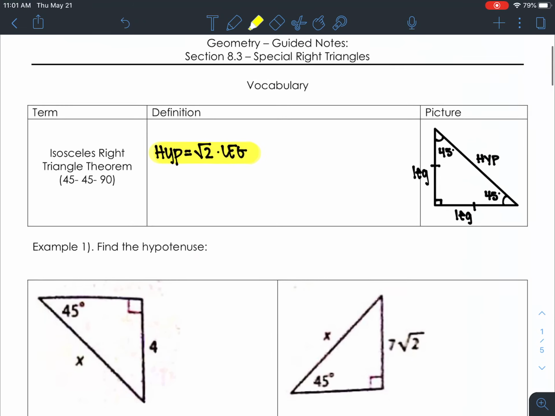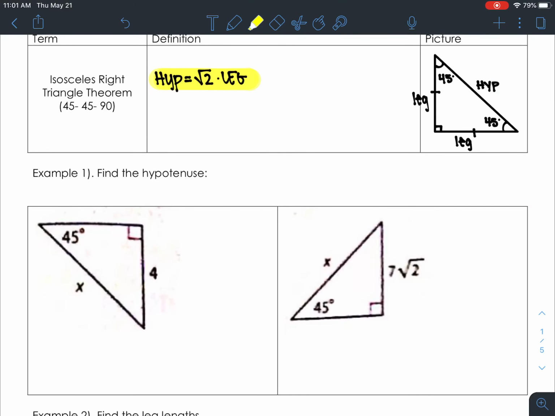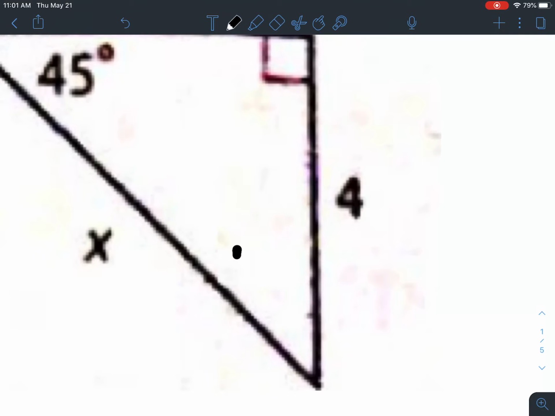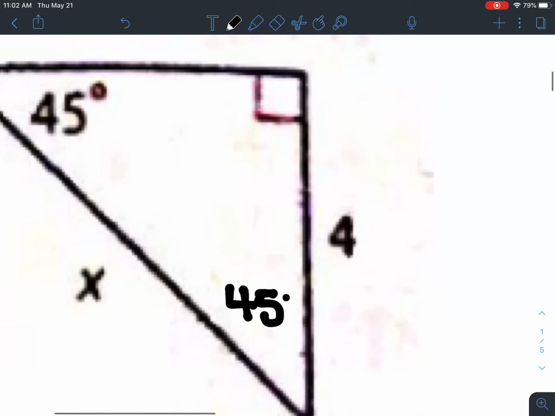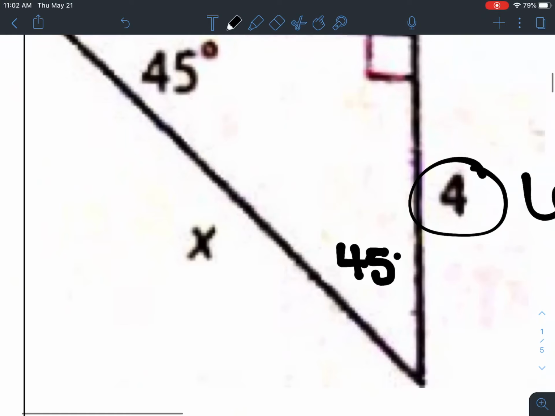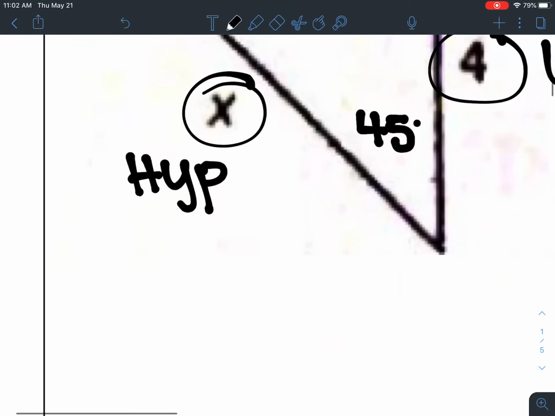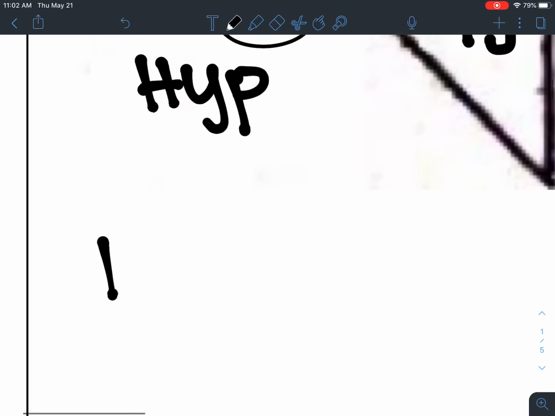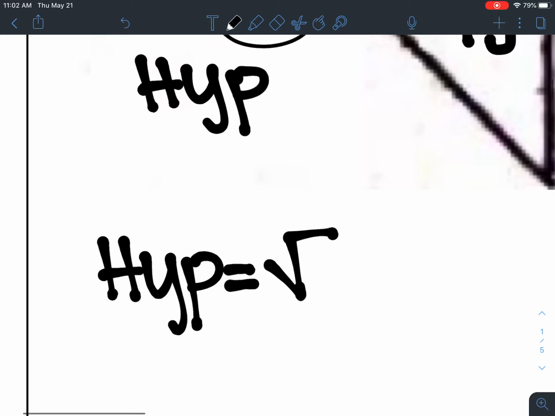Let's look at our first example. In this example, we have a 45, 45, 90 triangle, which means it's a special right triangle. 4 is going to be a leg, and x is going to be our hypotenuse. So we're trying to find x. I'm going to rewrite that formula. The hypotenuse is equal to square root of 2 times the leg.